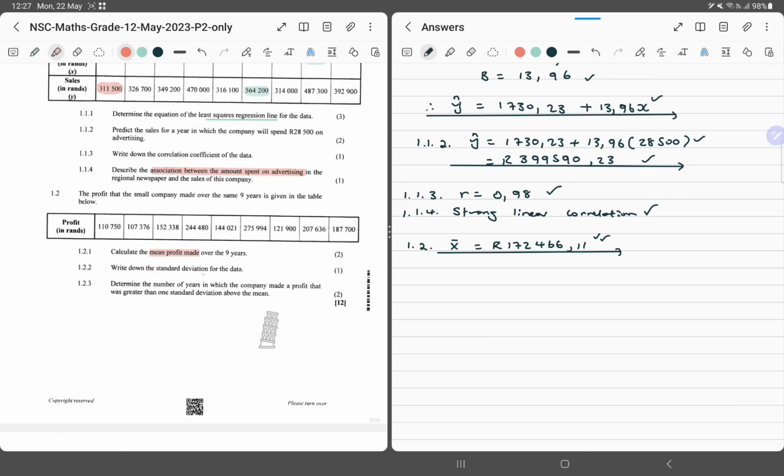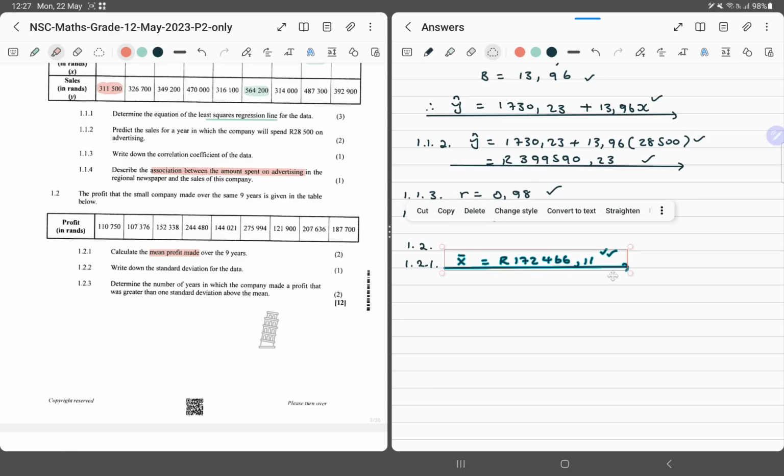Now it says write down the standard deviation of the data. So this is 1.2.1, and here we've got 1.2.2. We are to write the standard deviation. So we go back again, shift, stat, var, and then the standard deviation is option 3.